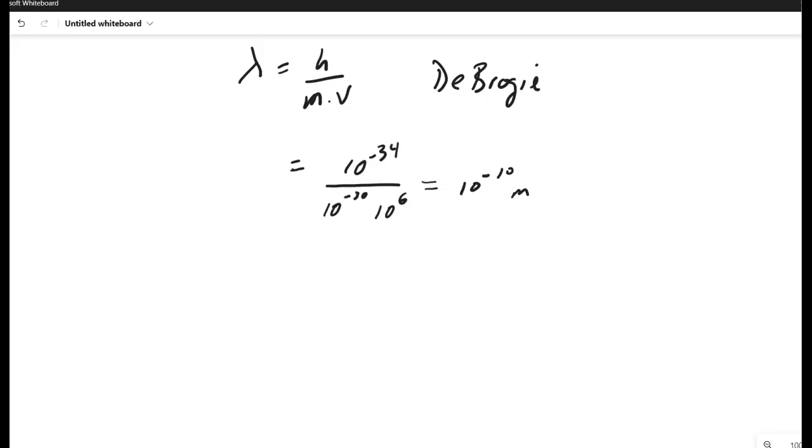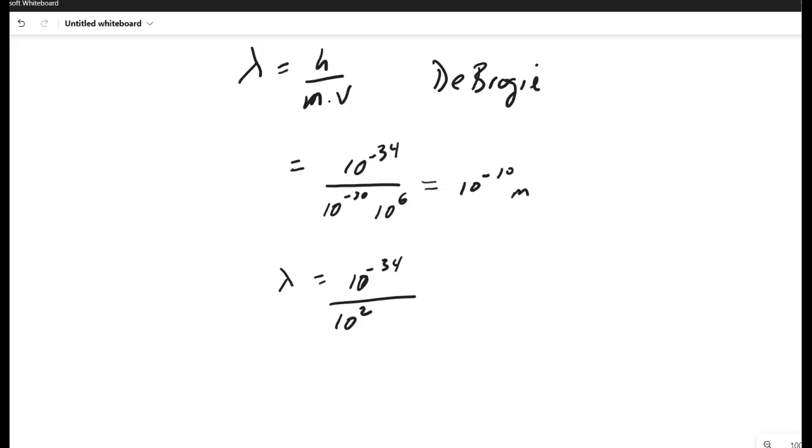Now let's look at the kid falling off the chair. You've got once again, approximately 10 to the negative 34 in the numerator. Again, I'm just doing an approximation here. And he's 75 kilograms, so let's say he's roughly 100 kilograms, about 10 to the 2. And he's falling at 5 meters per second.